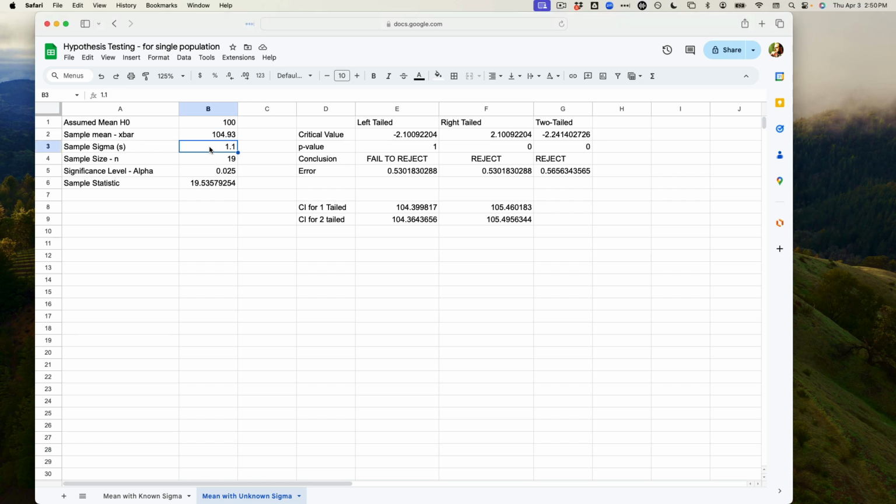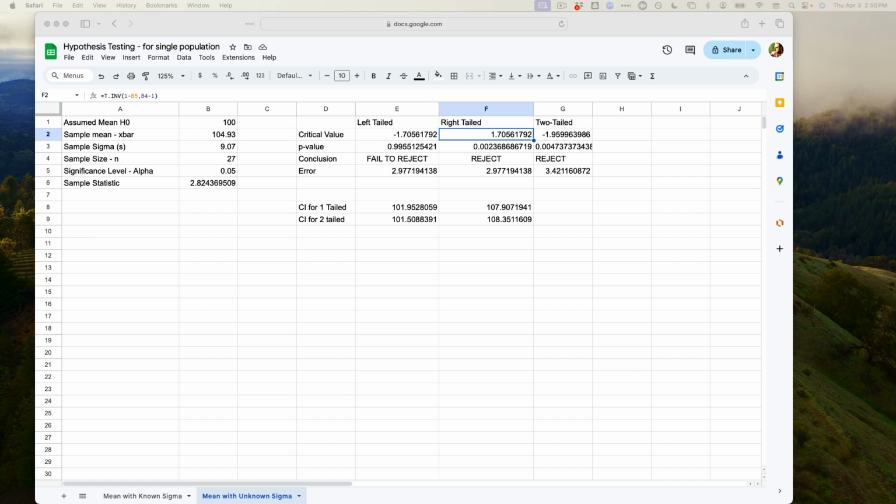The sample standard deviation was $9.07, and the sample size was 27 shoppers. Significance level was 5%, so 0.05. Then my sample statistic is 2.82. My critical value is 1.706, which is correct.